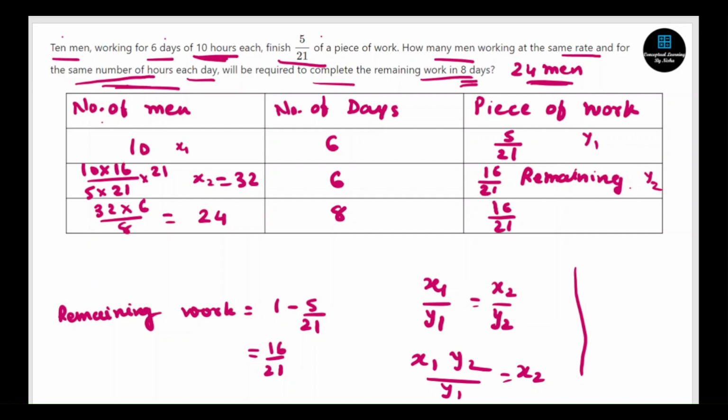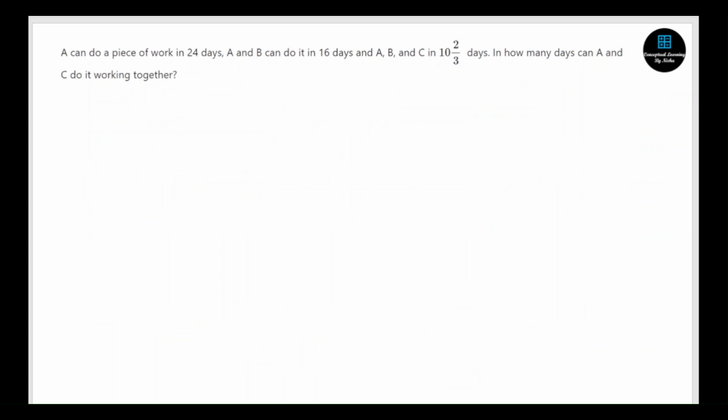Alright, one more interesting question. A can do a piece of work in 24 days. A and B can do it in 16 days. So this is given to you and you have to find in how many days A and C can do it working together.